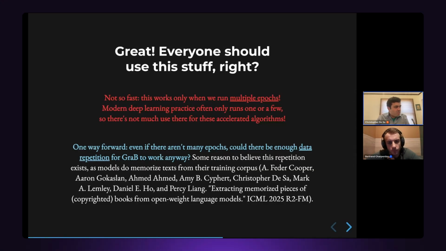And so probably there is some amount of repetition of information that would cause those texts to be memorized. And so it would be interesting to ask whether we can somehow leverage that informational repetition, even if it's not the same training example actually being repeated verbatim, if there's some way we can leverage that to get better example orders. But that's an ongoing subject of research.